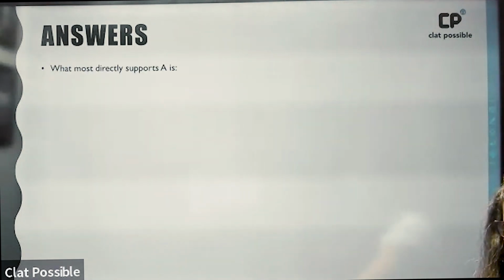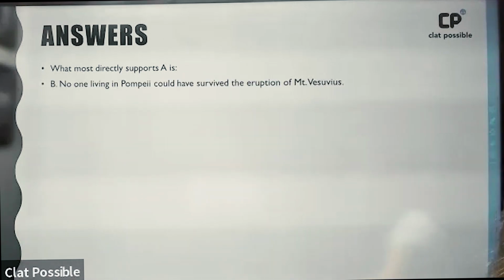And the direct support, the Y, is this. This is like a sub-conclusion. Why not no one living at Mount Vesuvius? Yes, it is one of the conclusions, but it is an intermediary or sub-conclusion because it is leading to the final or ultimate conclusion.